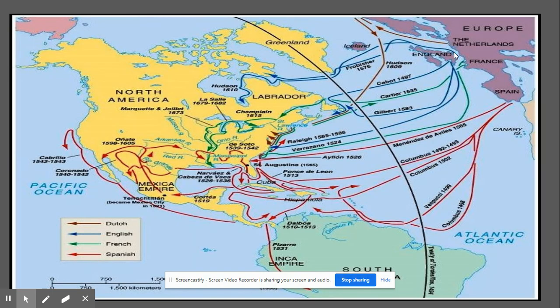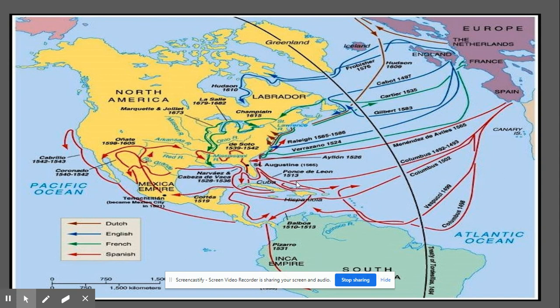All right, so the reason I wanted to show you this map was, if you will look, all of these different lines are different pathways of explorers. Now, let me ask you, do you notice one right here? You should. This is Christopher Columbus.